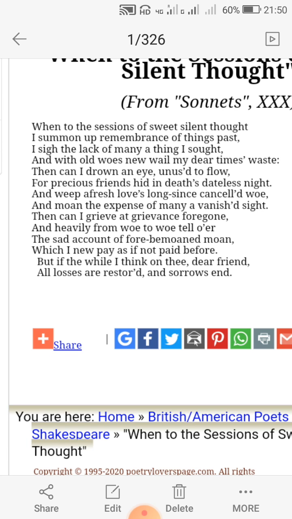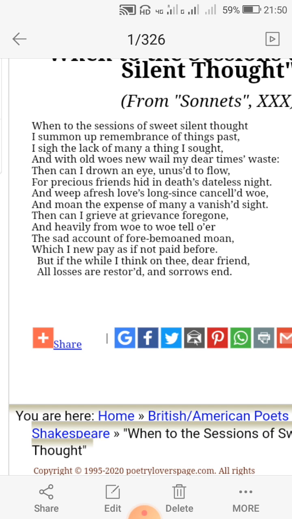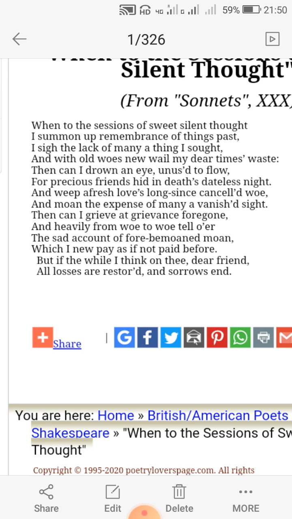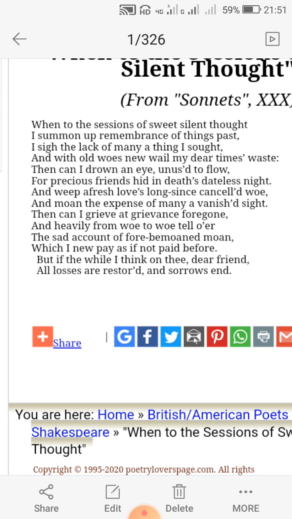Throughout the sonnet, the poet is unhappy. Poet is very sad to remember his past, which hasn't been very successful. That's why he is regretting throughout the poem. Throughout the 3 stanzas of the poem, the poet gives an account of his past, and he remembers the past incidents of his life.